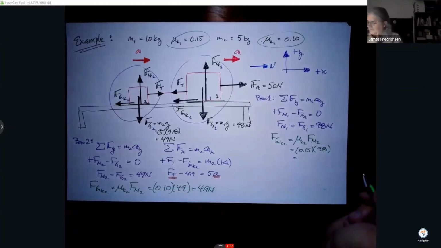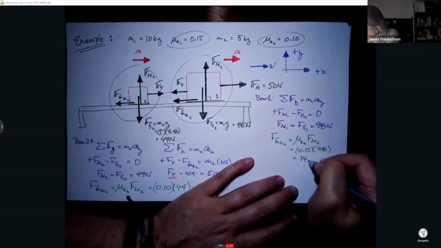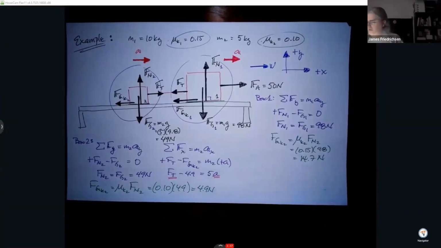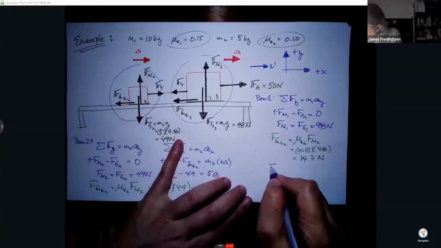This gives me 14.7. There we go. Now we're going to go to the x direction.